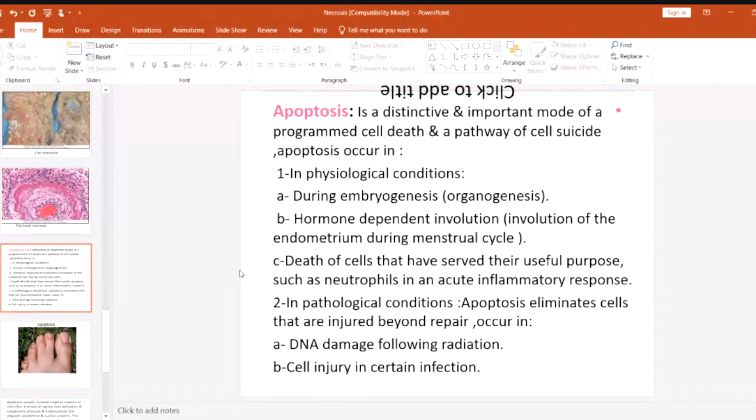Okay, يعني cell suicide. The cell will kill itself under control, under a program. Any example? Number one, بالembryogenesis.